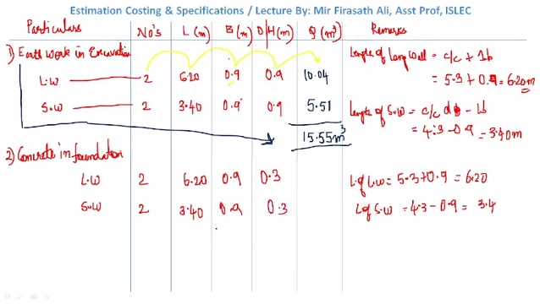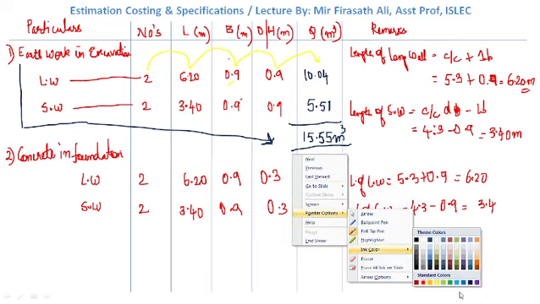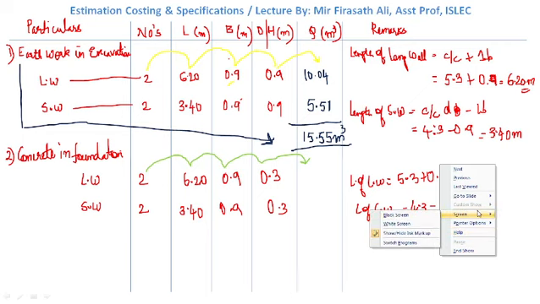Again what we need to do? We need to multiply all these things. All four things have to be multiplied and written here. So what will be the value?